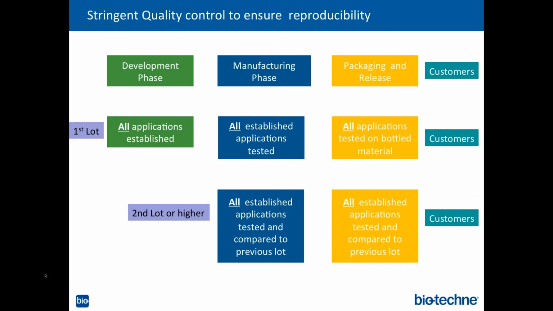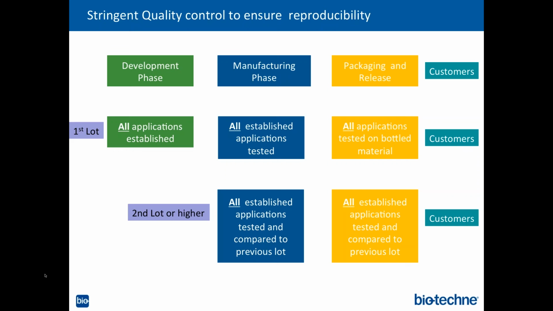Then we're packaging the antibody, and we just want to make sure that nothing happened during packaging on these antibodies. So again, all applications tested in addition on our bottle material before it goes out to you as our customers. When we make a second lot or any higher lot after that, again, we're doing the same testing scheme. So we make a large lot, we make a bulk lot.